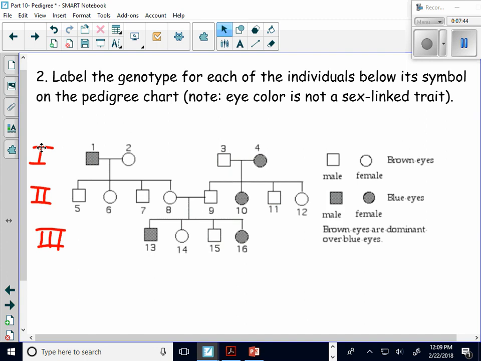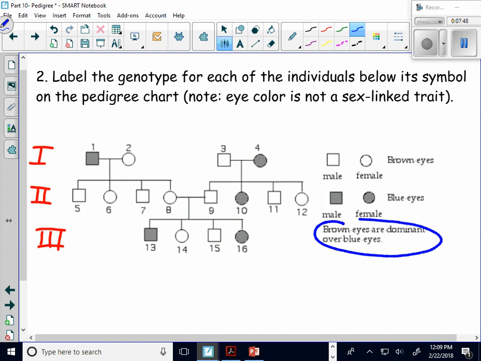Blue eyes, because it says right here, brown eyes are dominant over blue eyes. So, I know that each one of these shaded squares or shaded circles have blue eyes, right? I know every one of those have blue eyes.